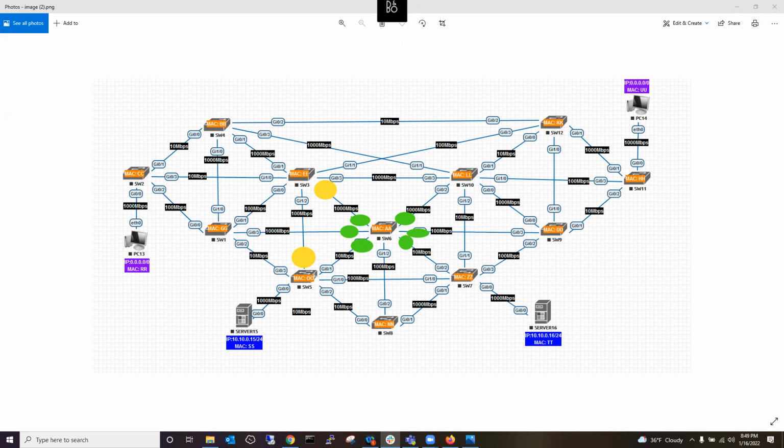From switch 5's standpoint, to get to the other switch, it's going to be a cost of 23, if my math is correct. Yep, 23, to go from switch 5 to switch 3 to switch 6.